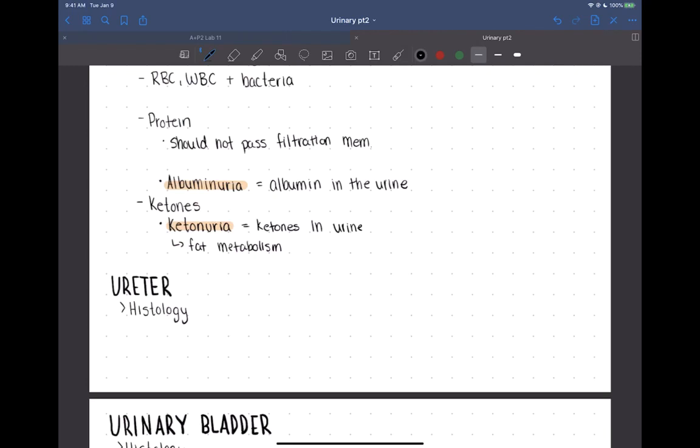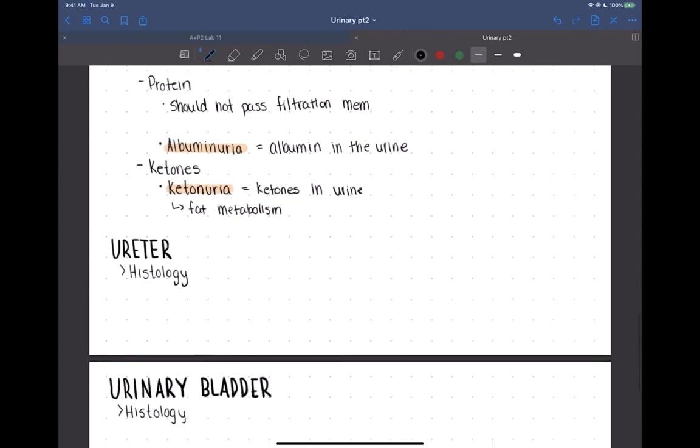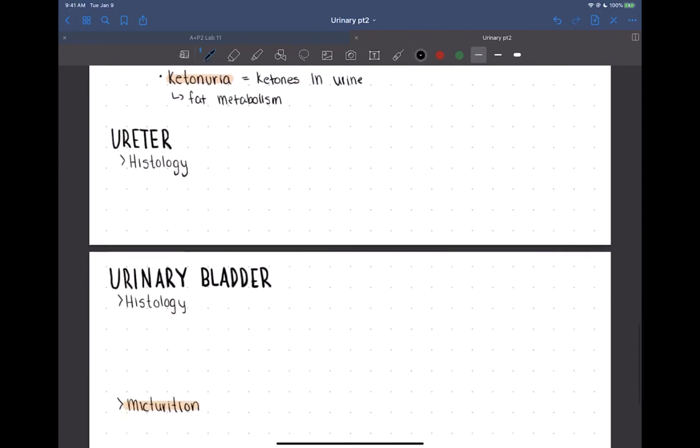And lastly, we are going to go through the final structures of the urinary system. We've spent all our time in the kidneys with the nephrons. Once the urine is formed and leaves the kidney, it leaves through the ureter. The ureters, one from each kidney, travel to the bladder. They're each about 12 inches long, and they travel through the muscle wall of the bladder.